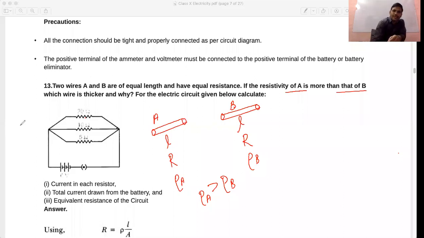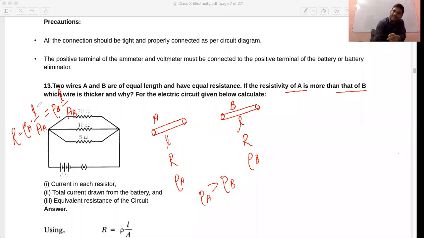Okay, what we can do, we can use for this: this R can be written as rho A L over area of cross section A for the first wire, and for the second wire you can write rho B, length will be L, and area of cross section will be AB.